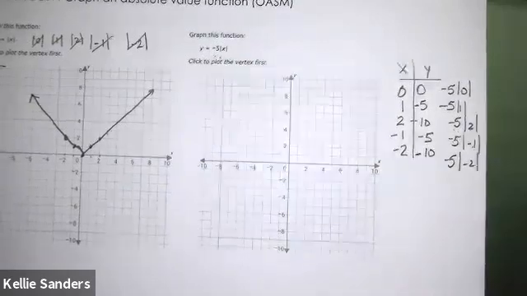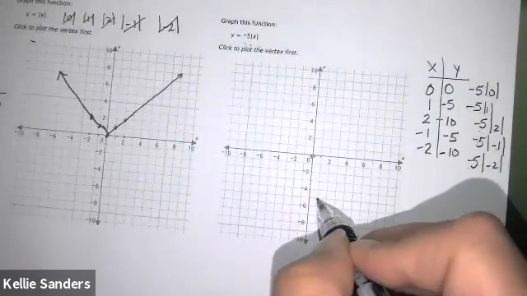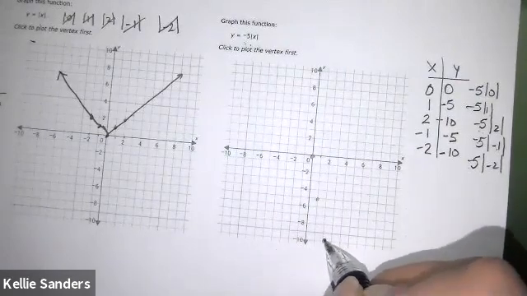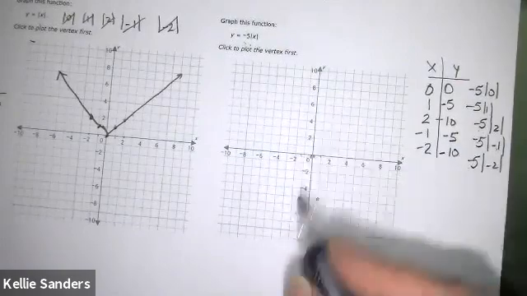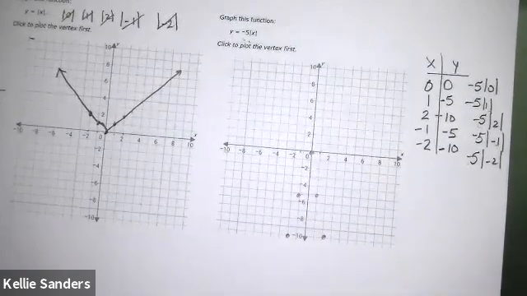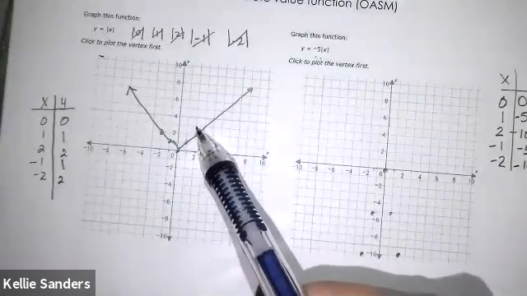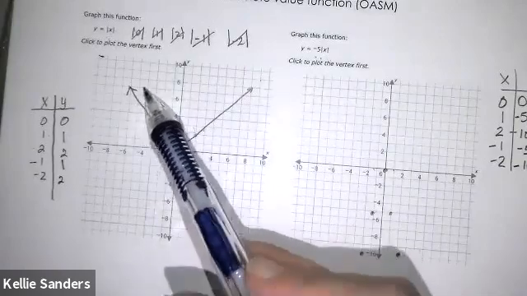Now let's see what happens with these. 0, 0, 1, negative 5, 2, negative 10. Negative 1, negative 5, negative 2, negative 10. Do you see the V? Now this V was going up 1 over 1 every single time.